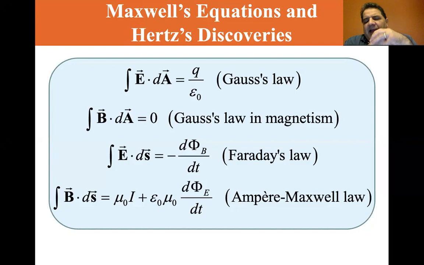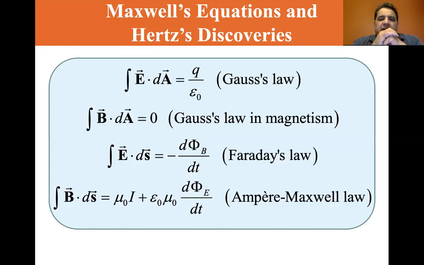You can have an isolated charge inside a surface, and if it's a positive charge, a positive ion, you get electric fields coming out of it. If it's an electron inside the surface, you have electric field lines going towards it. And so Gauss's law says that when you take a surface and you put a charge in it, the integral of E dot dA is Q divided by epsilon 0.